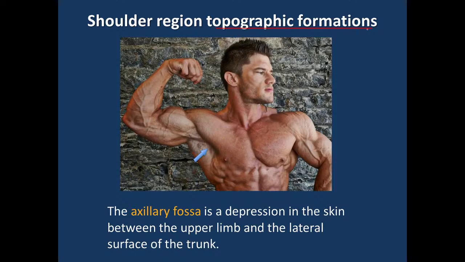This is usually a gap or fissure or some kind of fossa located between muscles, and mostly all topographical formations contain blood vessels or nerves, which sometimes are visible, like in the axillary fossa here.